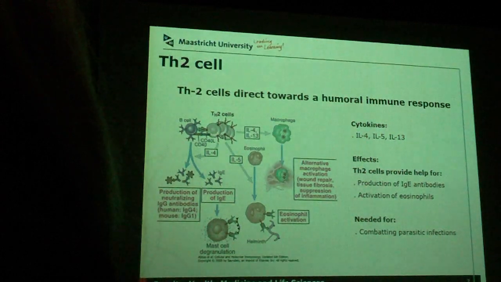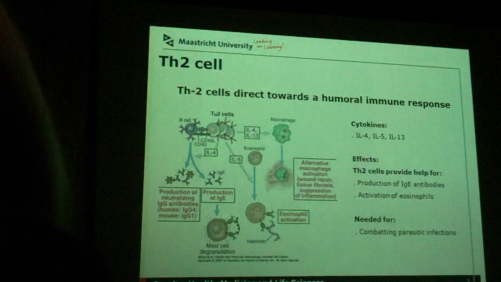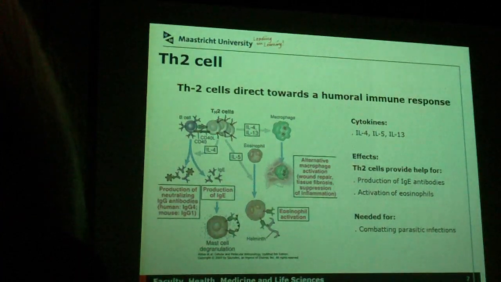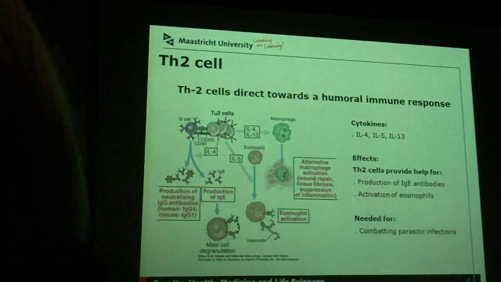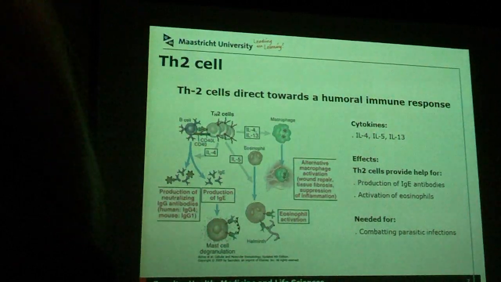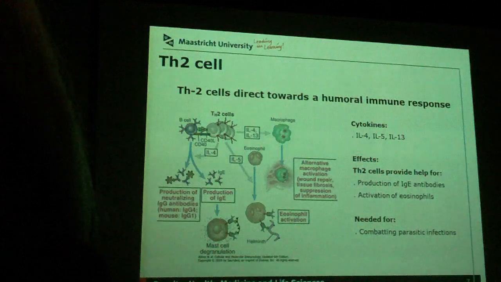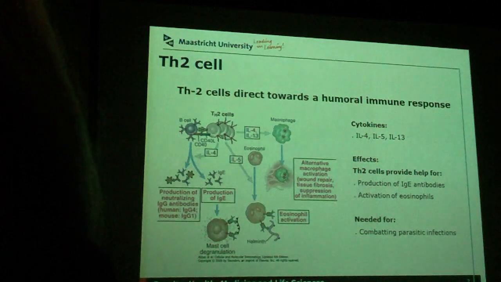They are really large. You can't eat them. Macrophages can't eat them, so you need antibodies which bind these pathogens, and then mast cells will be activated to release their granules, and this will kill the parasite. And in addition, Th2 cells can activate eosinophils.